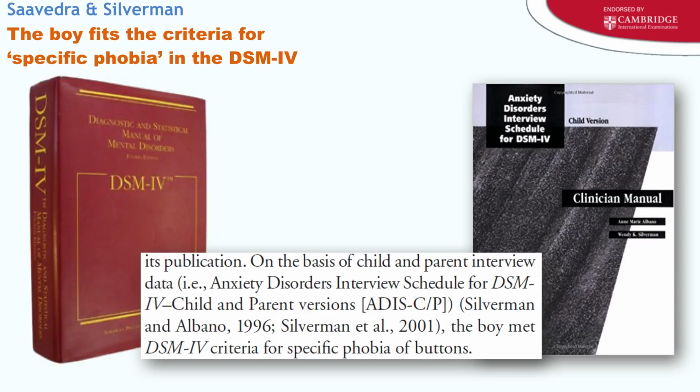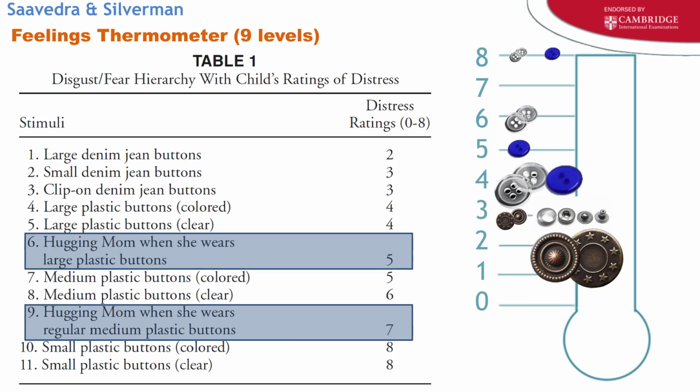And one step in creating a baseline for his fears is to use what's called a fear or anxiety or feelings thermometer. Usually these are referred to as anxiety hierarchies or thermometers. And they could range in anything from 0 to 100 or 0 to 10. In this case, they used a 9-level scale from 0 to 8.